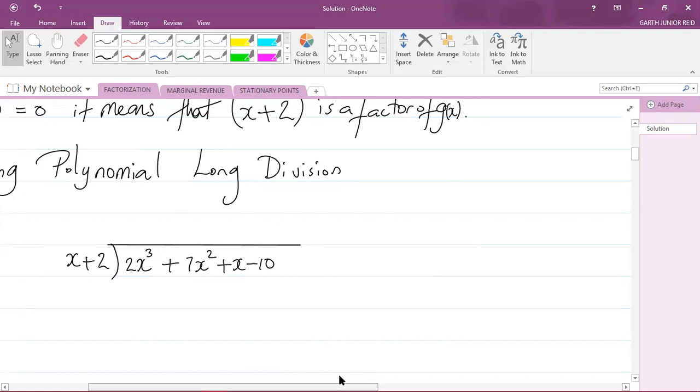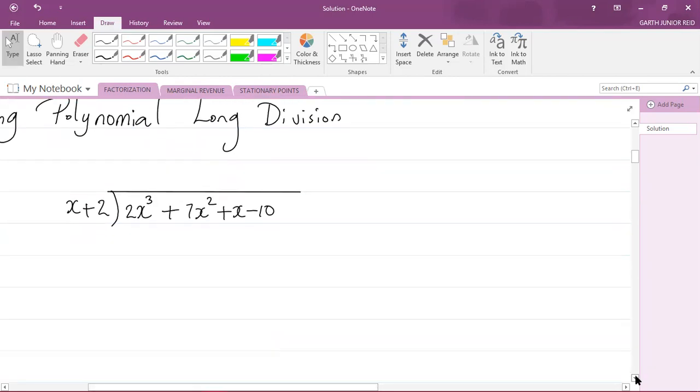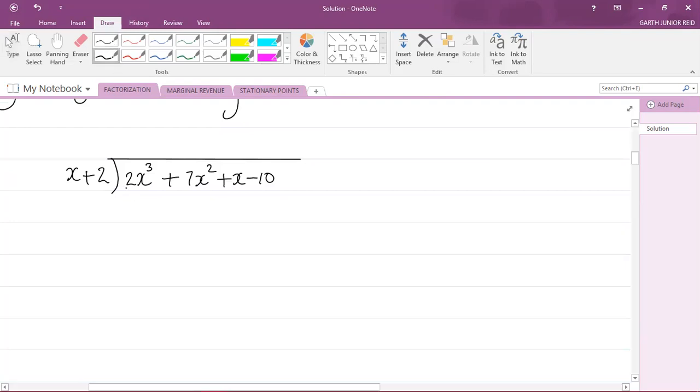So what is our first step? Our first step is to divide the 2x cubed by the first term here, which is x. Now, you recognize that something can be canceled here. Or if you remember your laws of indices, in the denominator here we have x to the power of 1.